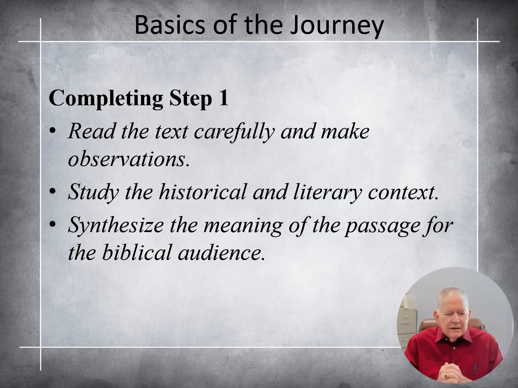And now, completing step number one is to read the text carefully and make observations. Study the historical and literary context, and then synthesize the meaning of the passage for the biblical audience. That is, sum it up. Write down the particular points that will help you.